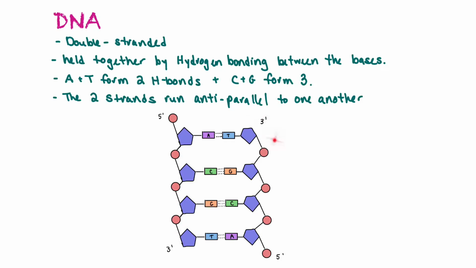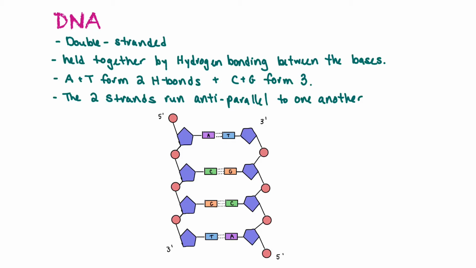On this side, it's running from 3' to 5' because poking up here is the 3rd carbon in that sugar. So the 3' end is pointing up, and the phosphates and 5th carbon are pointing down. So this one goes 5' to 3', and this one goes 3' to 5'. Again, when we get to molecular genetics, we'll find out some details and some reasons why those directions are important.